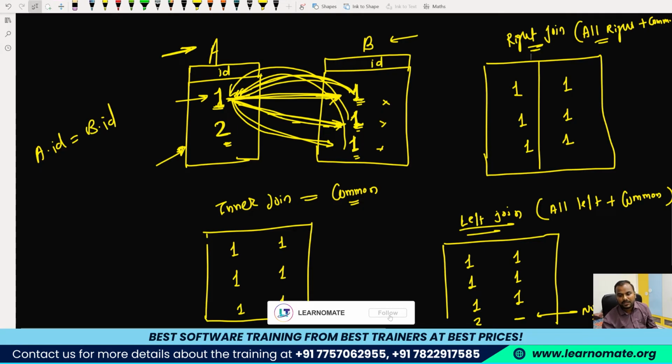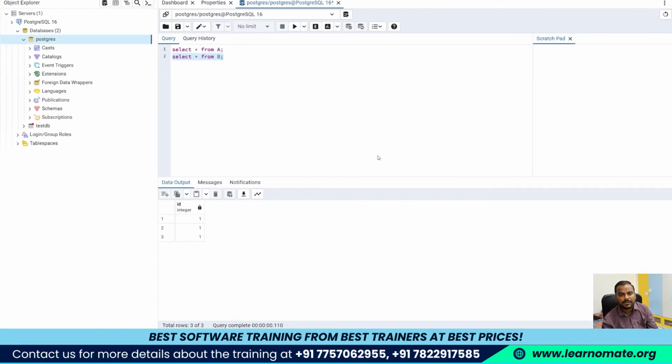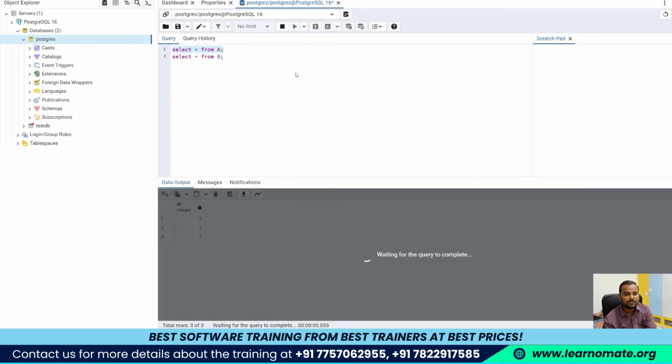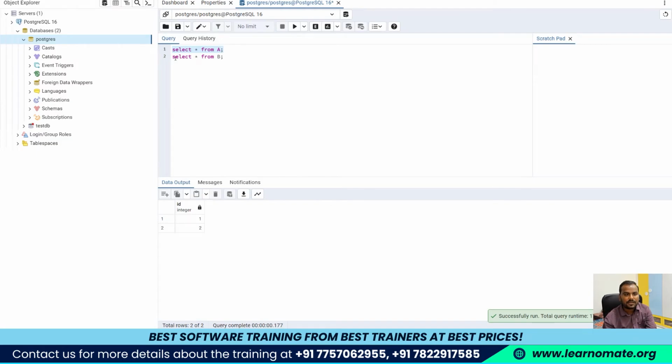Now what I will do, I'll use PostgreSQL where I have two tables I have already created. I have table number 1, which has the same records, and table number 2. Now I'll write down the query: select. What do I want to select? I want to select a.id, comma, b.id.